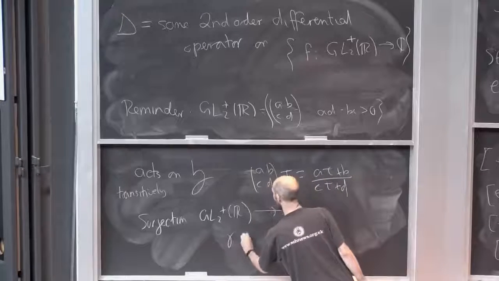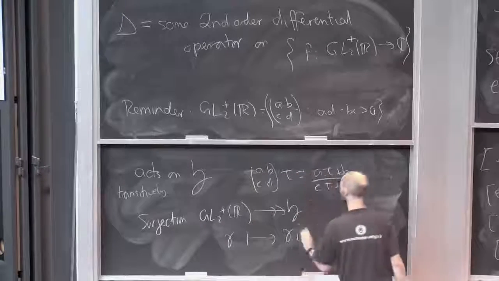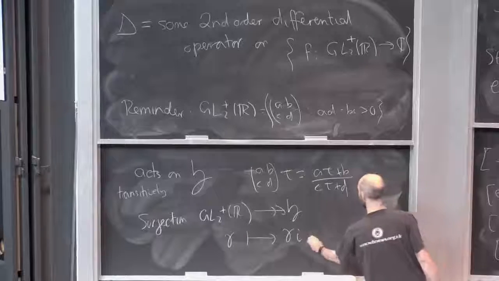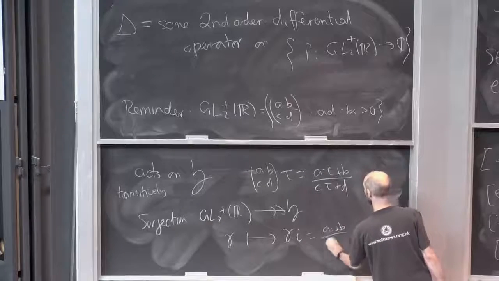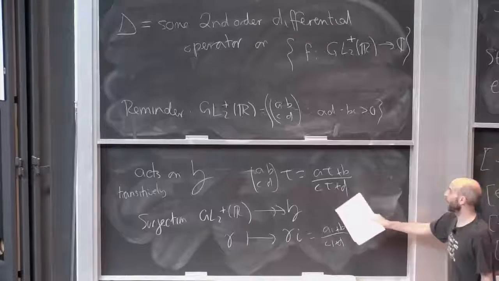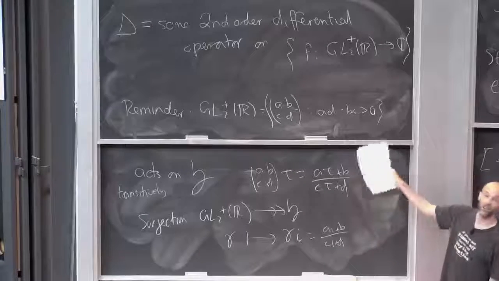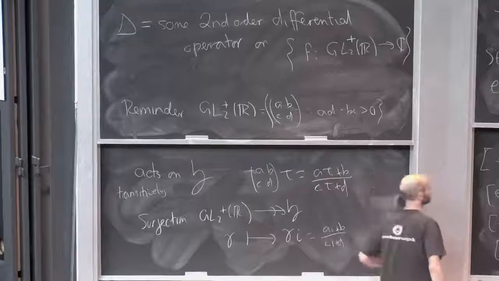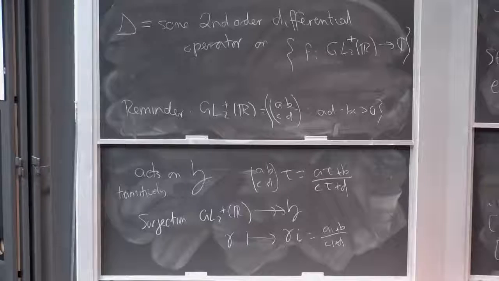Gamma goes to gamma of I, which is AI plus B over CI plus D. So if I give a function on the upper half plane, then I get a function on GL2 plus R. And we could attempt to apply that differential operator and see what the differential operator does.